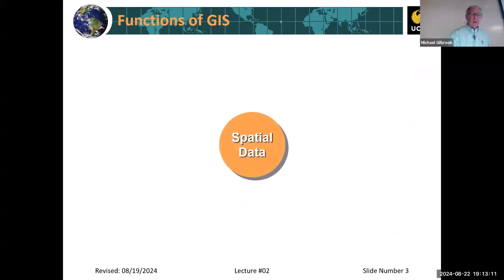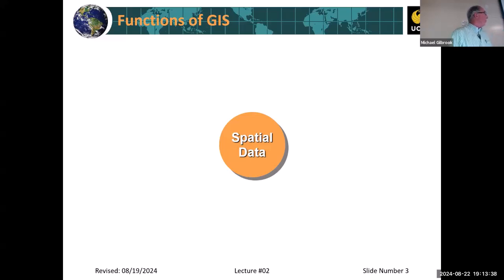All right, so let's talk about the functions of GIS. We've talked about what it is. What does it do? Whenever you're at a picnic, at the beach, whatever, talking to other people, and they want to know what you do for a living, and if you do what I do for a living, or used to anyway, inevitably you're trying to explain what a geographic information system does.